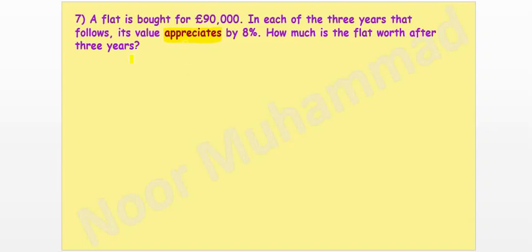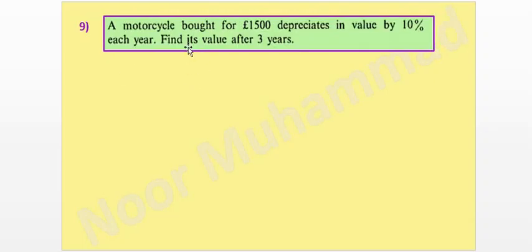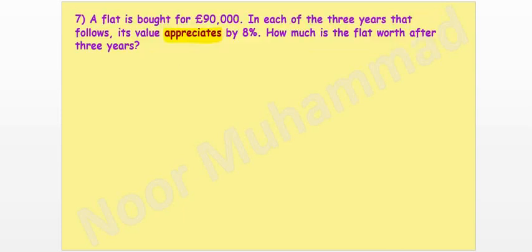So that's why whenever you find questions like this in which they say appreciates or they say depreciates, that means that you have to use the formula of the compound interest. If it appreciates, that means it's increasing, you will add 1 plus the rate.